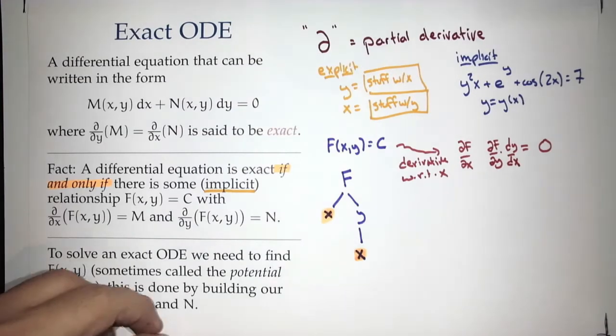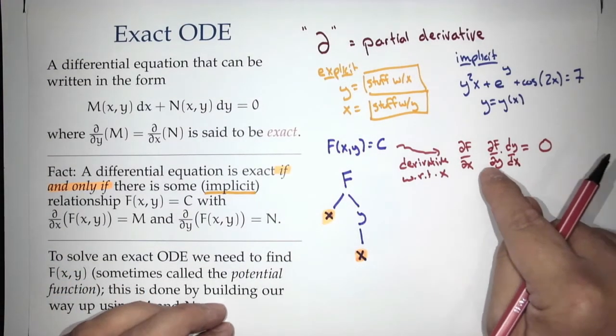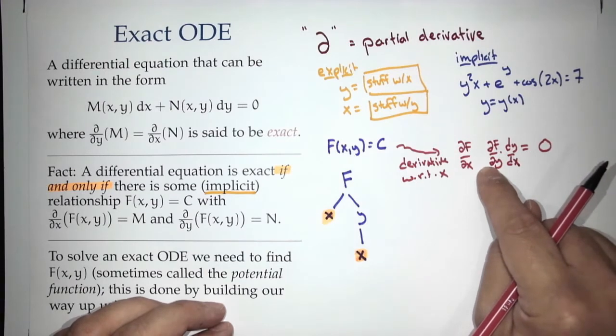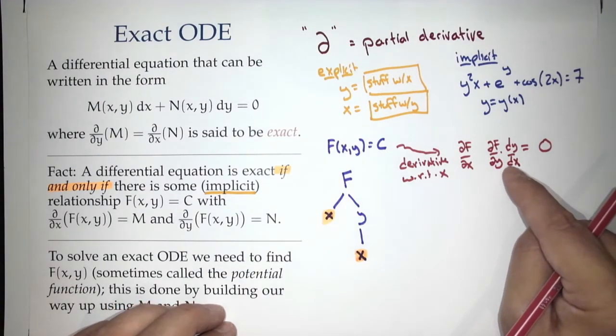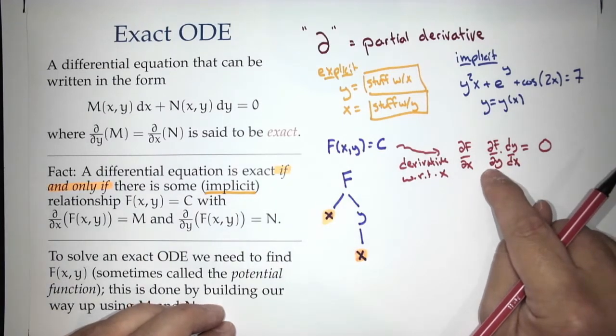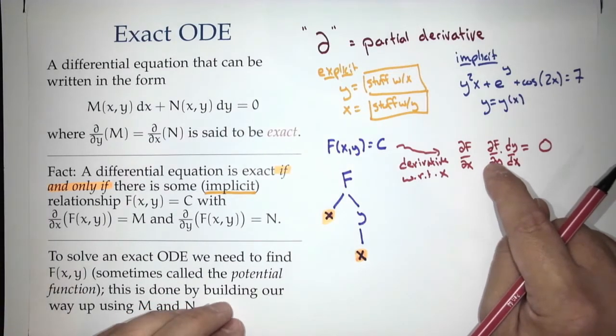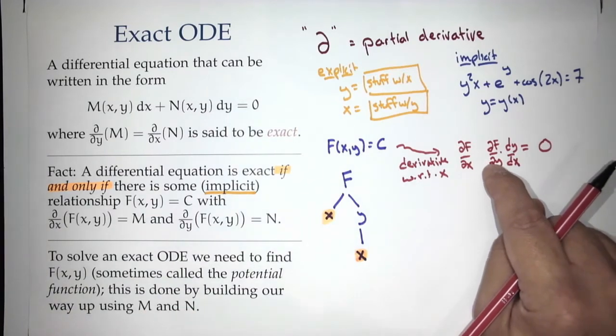Now, for those of you who are very nitpicky, you might say, Steve, why do you use the partial symbol there, and right next door you use the d symbol? Do you know the answer to that? It's not a typo, it's actually deliberate.